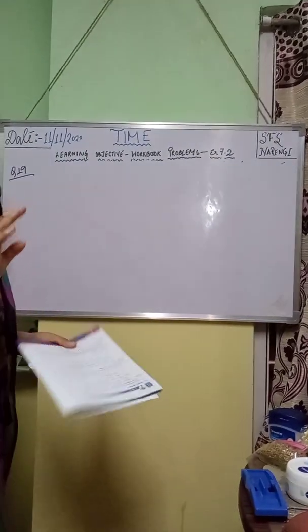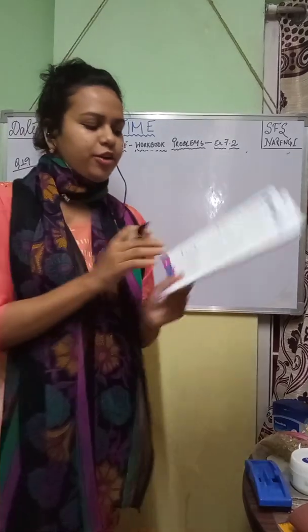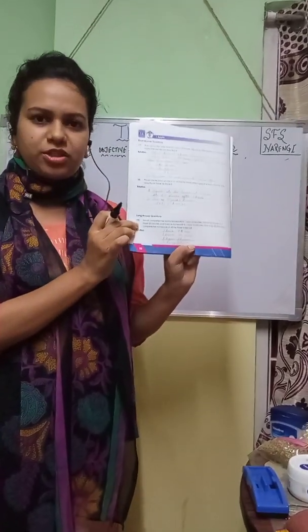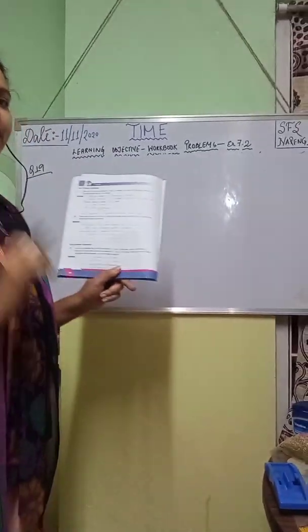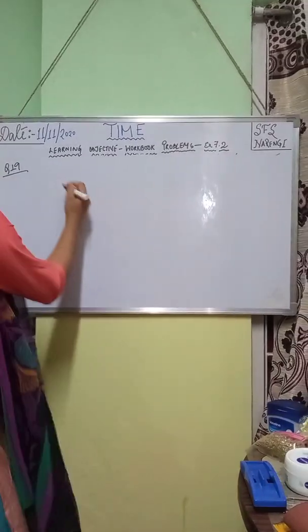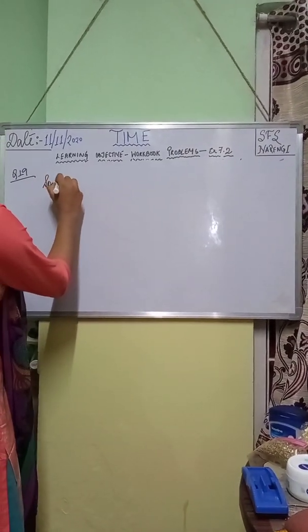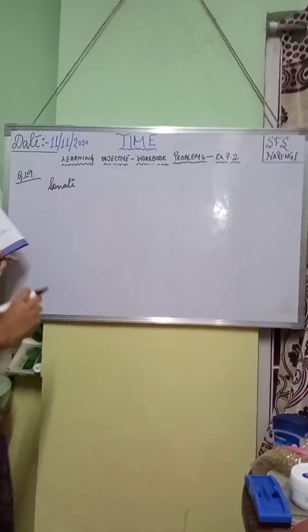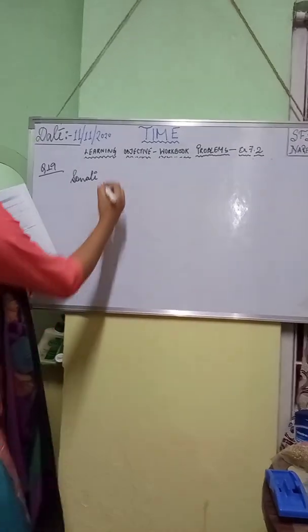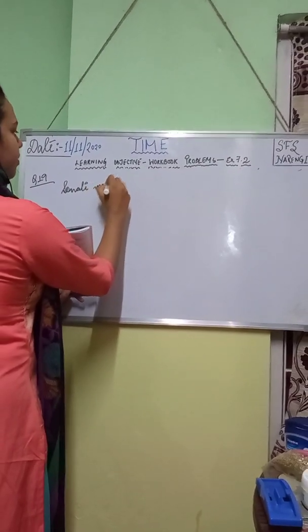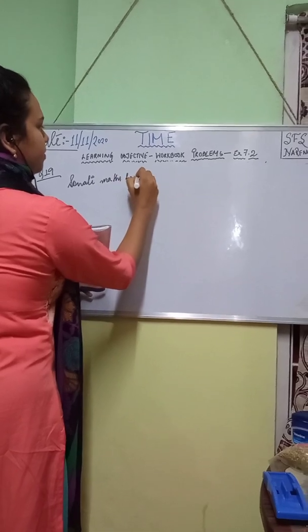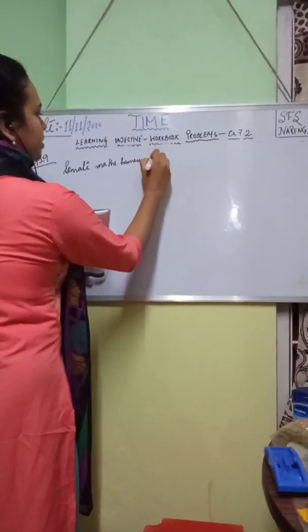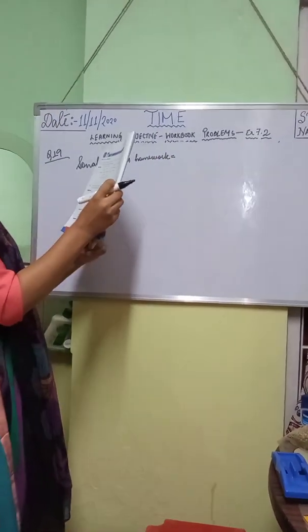So I'm not writing the question down, children, because it is there in your workbook. Question number 19. Okay. So what do you have here? You have that Sonali did her maths homework in how much time?